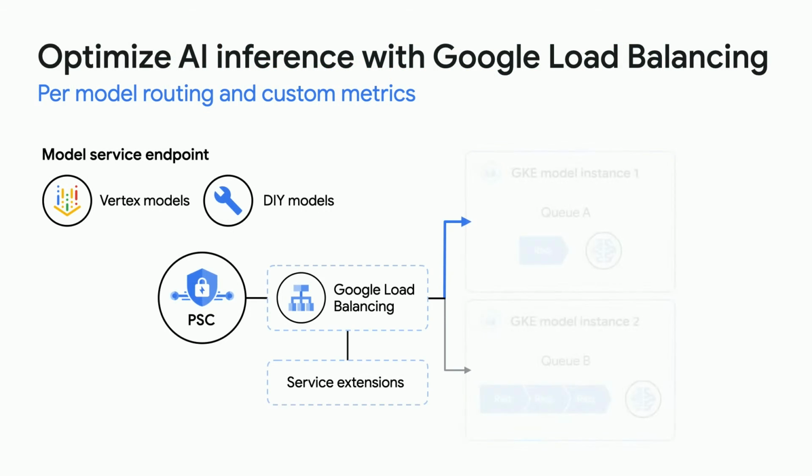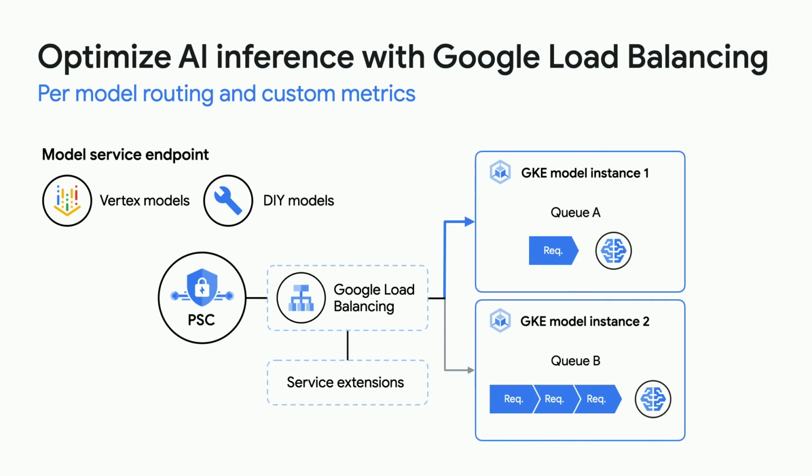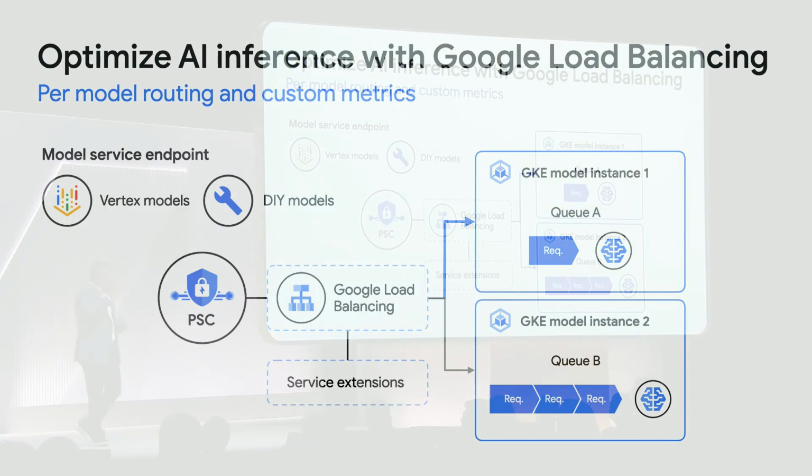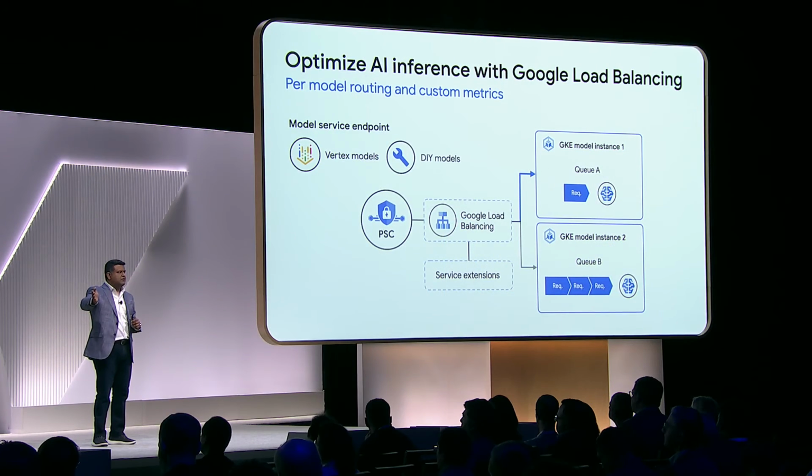Finally, we're extending the Google Load Balancer so it now supports custom metrics for load balancing for AI inferencing. So if you have an AI session going on, you want to enable session persistence to the same GPU, you can turn that on.